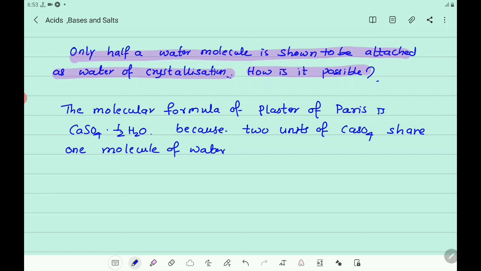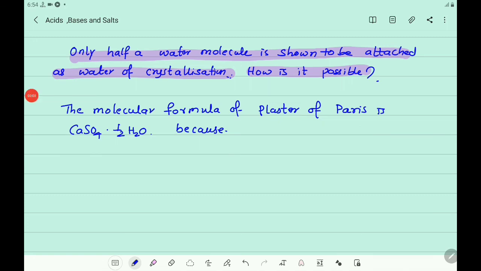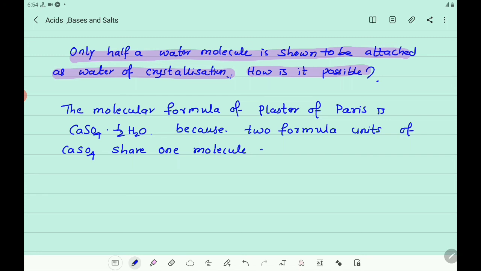Two formula units of CaSO4 share one molecule of water.